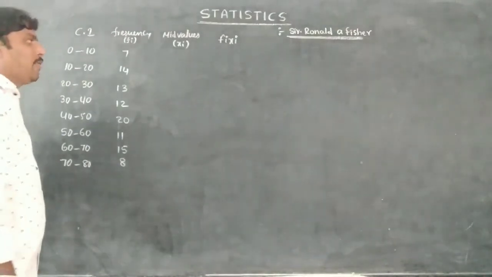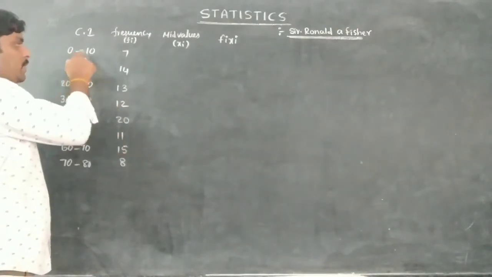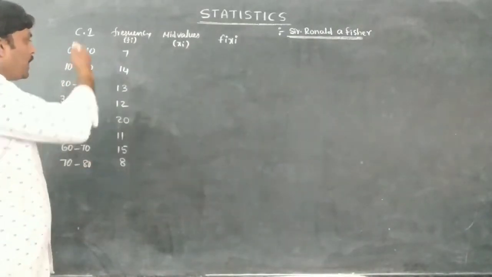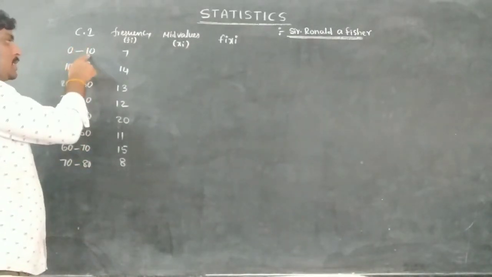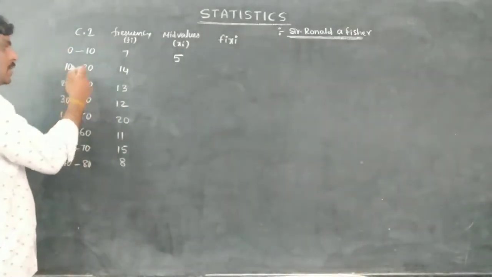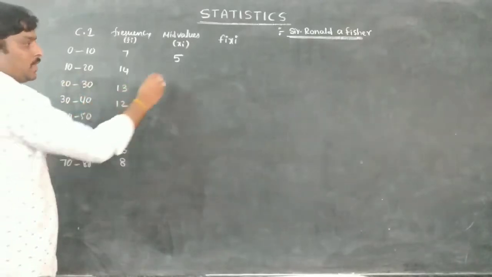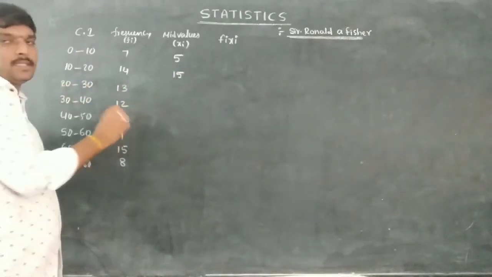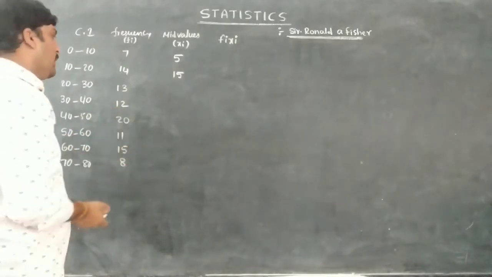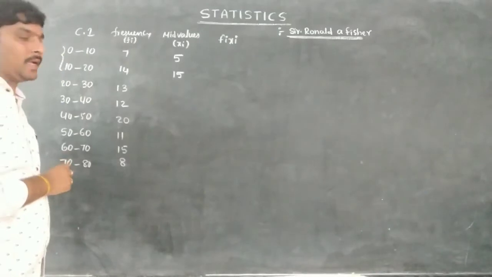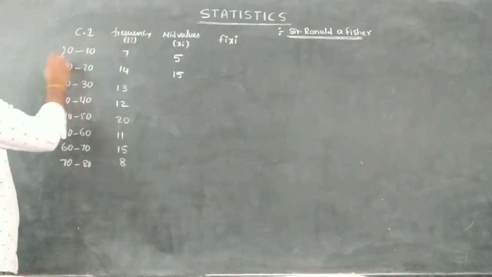How to find mid values? 0 plus 10 by 2, the average of lower boundary and upper boundary, that is 5. 10 plus 20 by 2, 30 by 2, that is 15. Doing it for all takes more time. First, you can find the size of the class interval. Here 10 minus 0, that is h.